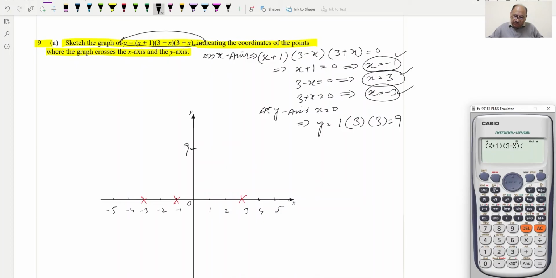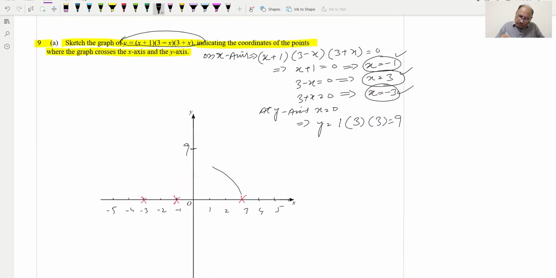After typing this equation, we need to understand whether this curve is going up or going down from 3 sides. So what we will do, we will take a little lesser than 3 value, for example 2.9. If 2.9 is giving us a negative value, this curve will be going down.